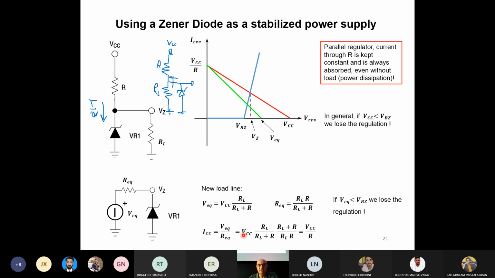I use this formula, VCC times RL over RL plus R, divided by the reverse of this, RL plus R divided by RL times R. If I remove what I can take off, I will get the VCC over R. So the interesting point is that when I add an output resistance, I can recalculate the load line simply moving the supply voltage from VCC to V equivalent. But this point here, the intercept with the current axis, will remain the same.